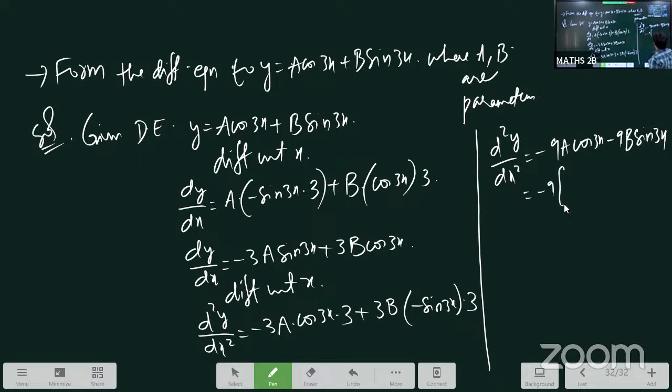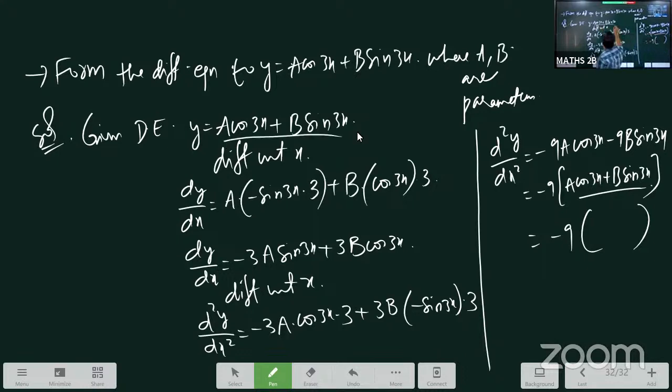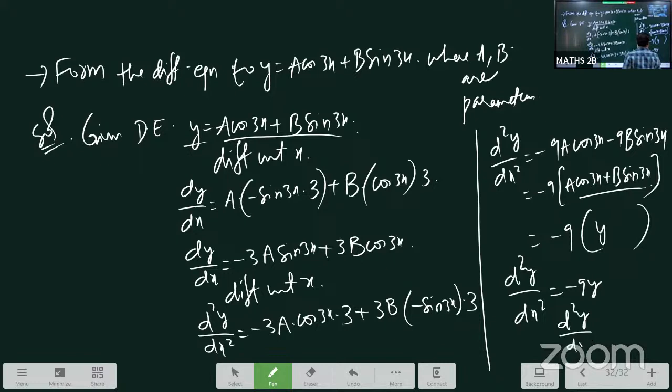But what is this? This is nothing but your question itself, which is y. Means d square y by dx square equal to minus 9y, so d square y by dx square plus 9y equal to 0. That is your answer. Is it clear?